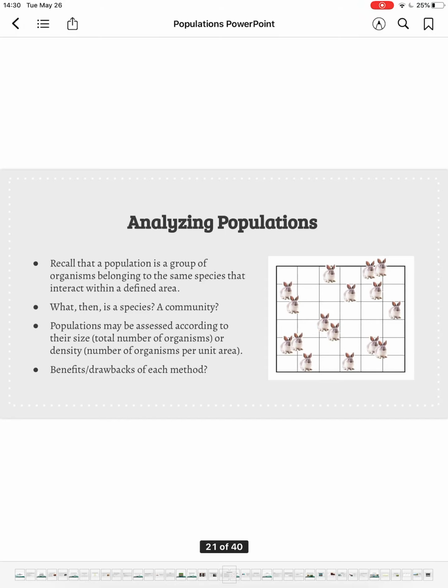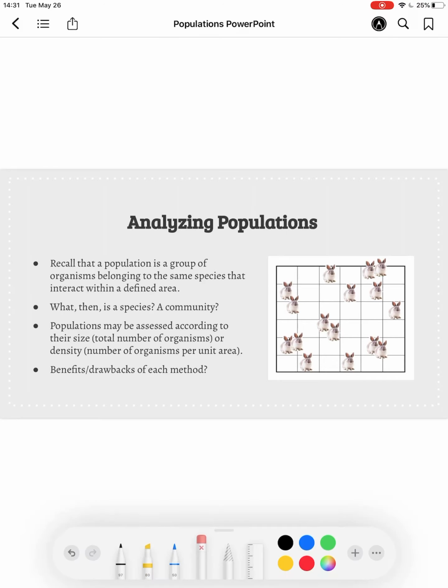If you look at this picture here, we've got some bunnies, and you might, for bunnies, say that there is a certain number of organisms, just because with species that move around, it might be difficult to start counting in one space. So I guess I should get my pen here.